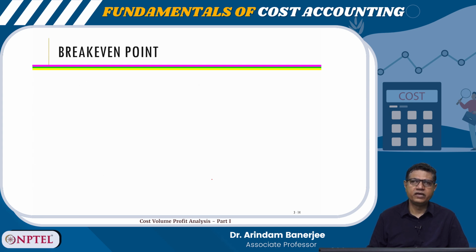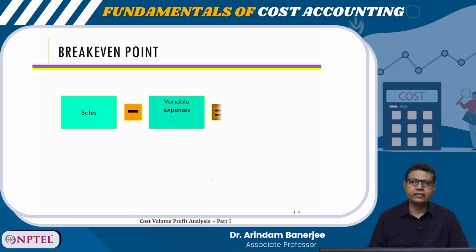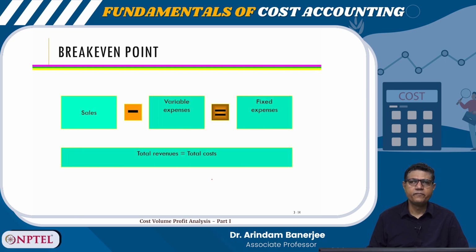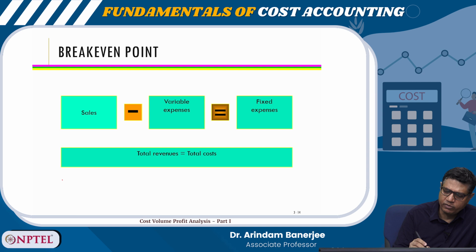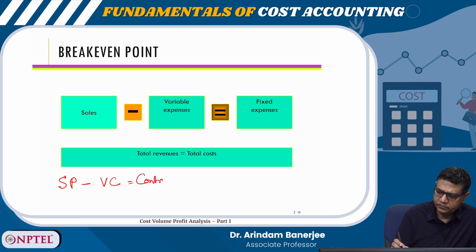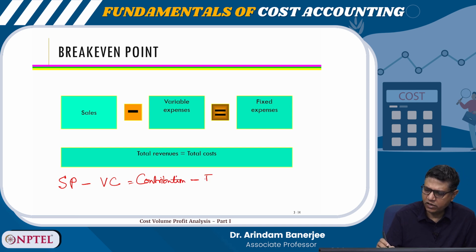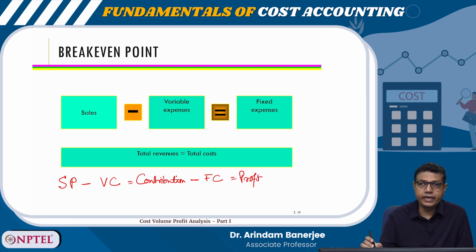We can write this relationship in the form of an equation: selling price minus variable cost is equal to contribution, minus fixed cost is equal to profit, right. In case of BEP, this profit is 0, right.